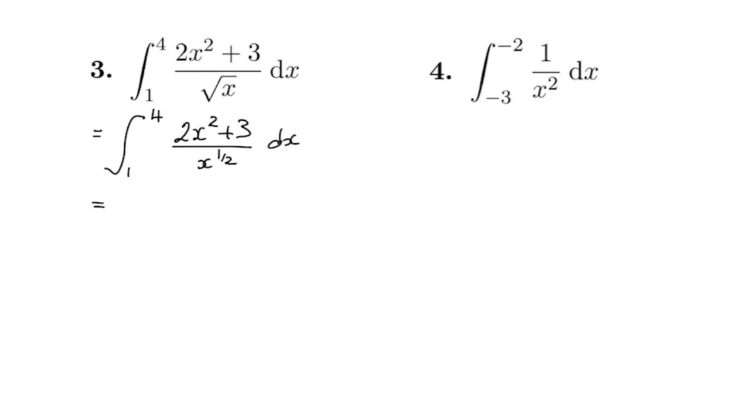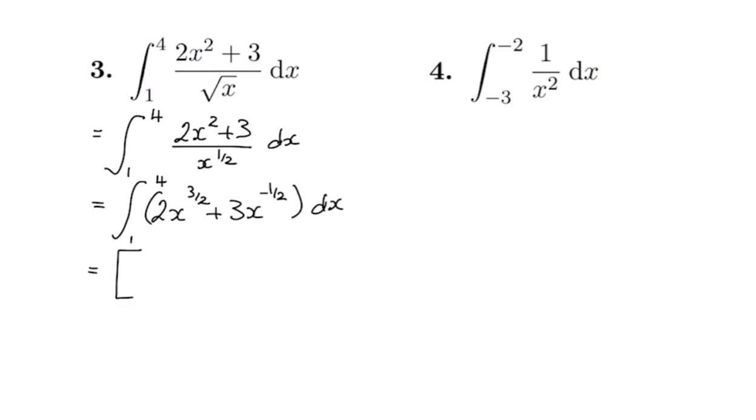Now again, when you get good at this, or quick, you can probably do these and miss out a few steps, but there are key steps that you must write down. So 2x squared divided by x to the half is 2x to the 3 over 2, or 1.5, plus 3x to the minus a half, and we're integrating that with respect to x.